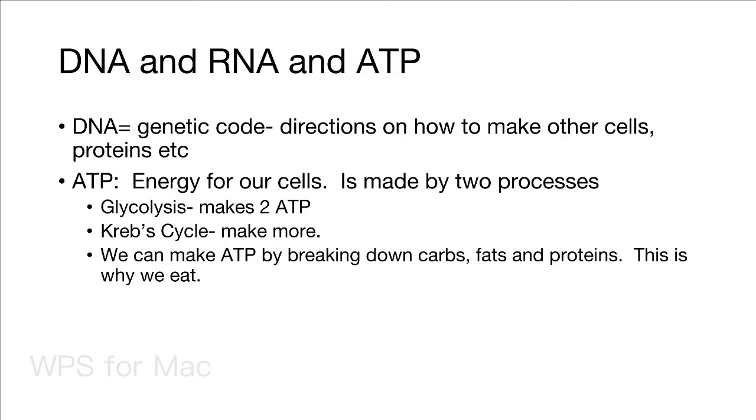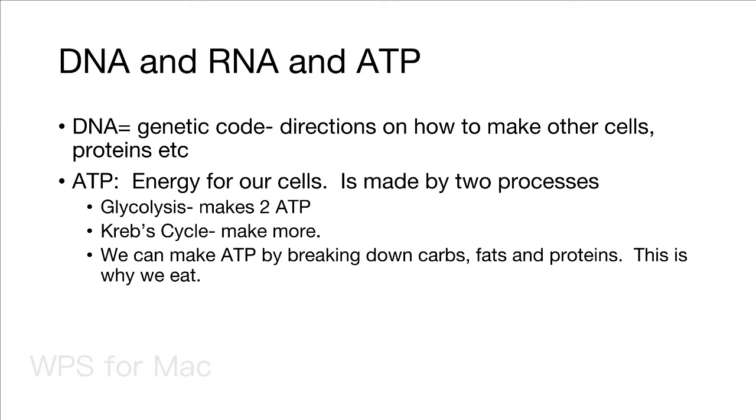And then we have DNA and RNA and ATP. So DNA, we're going to remember, is the genetic code. It's the directions for how our body is programmed to make things. Now, when there are some errors in that, we call them mutations, and that's when we have whoopsie-daisies and changes to our body. And then ATP is the energy for our cells, and we have two different processes that make it.